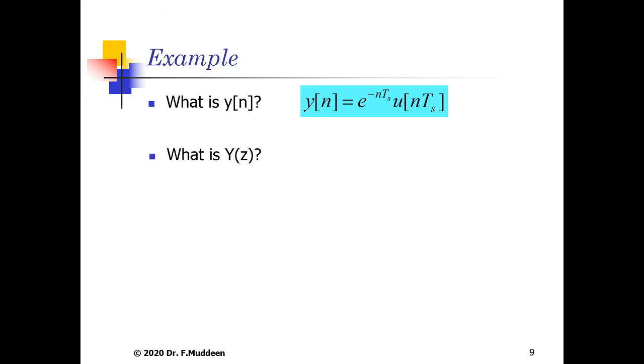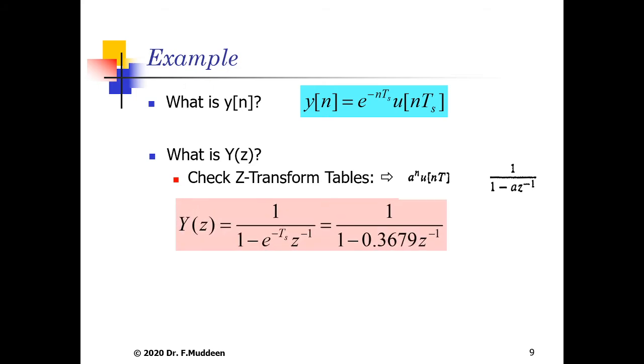And once we have y(n), we can use the z-transform table to get this into the form required for Y(z). Because we knew that x(t) here was an impulse, if we check the z-transform table for impulse, X(z) is just going to be 1.